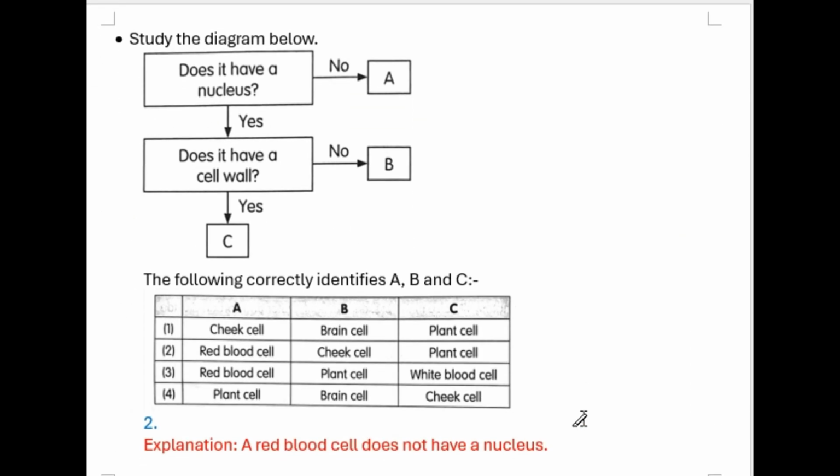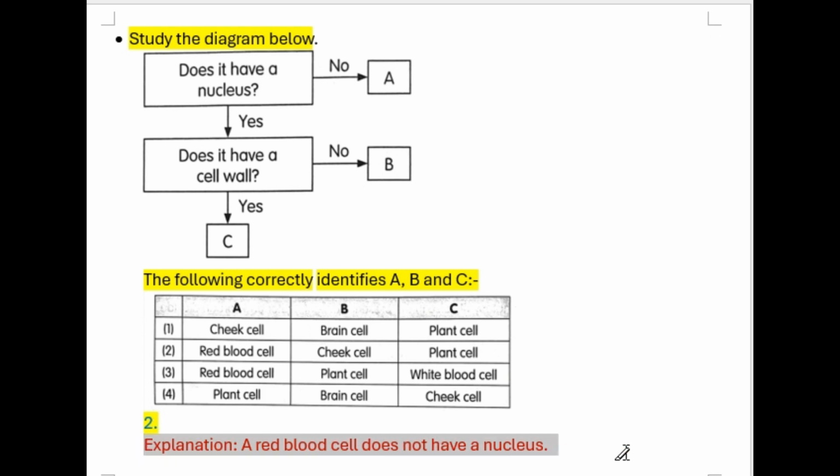Study the diagram below. The following correctly identifies A, B, and C. Two.